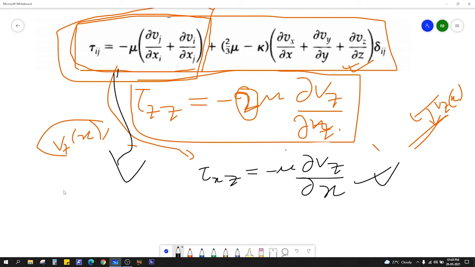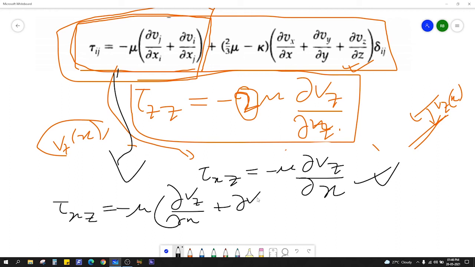So put x instead of i, and z instead of j. Just try replacing the indices. So minus mu, dou v, j was z, then dou x, plus dou vx by dou z, right?